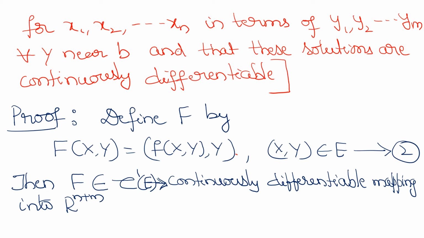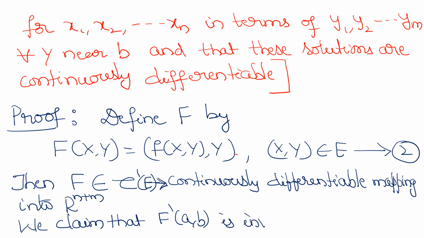So now we claim that F dash of (a, b) is an invertible element of L of R^(n+m).